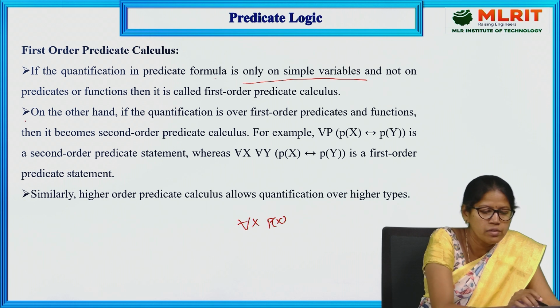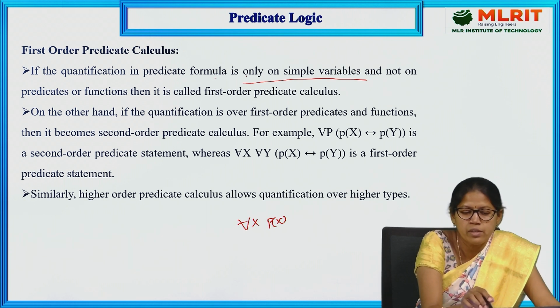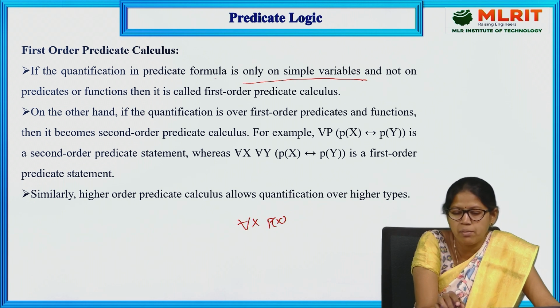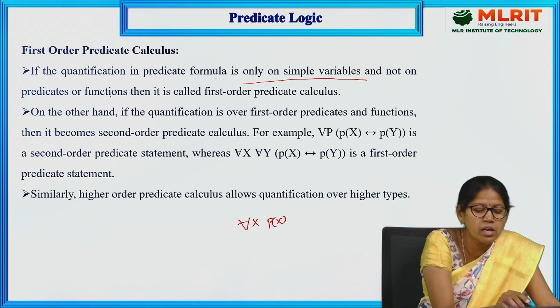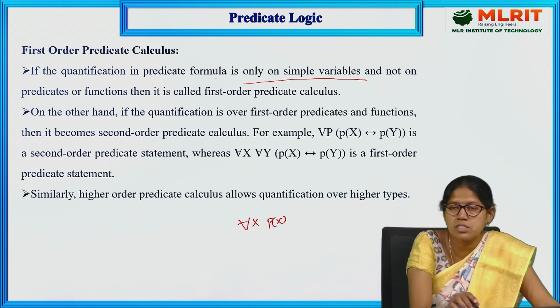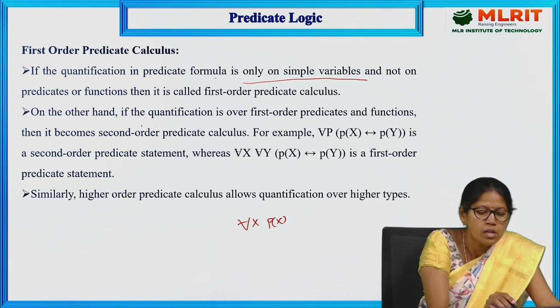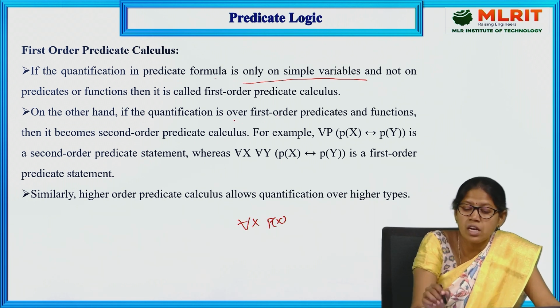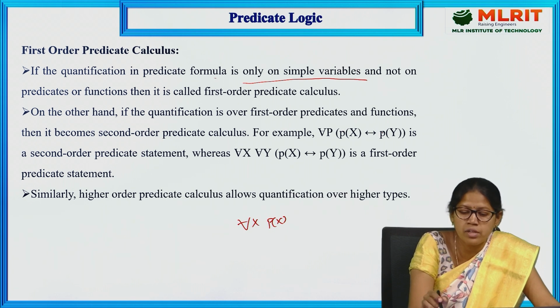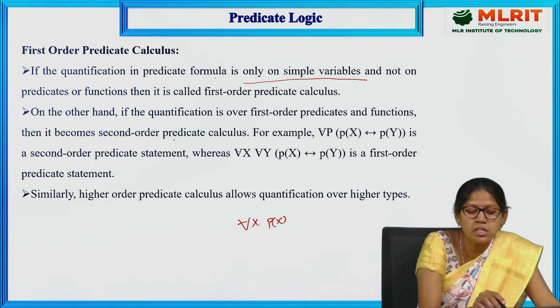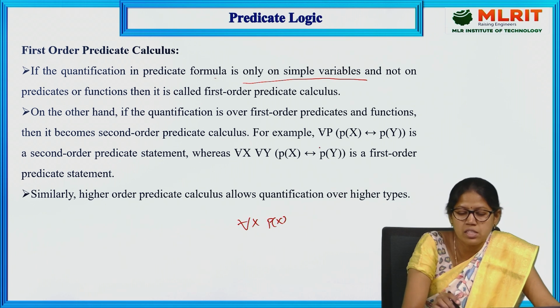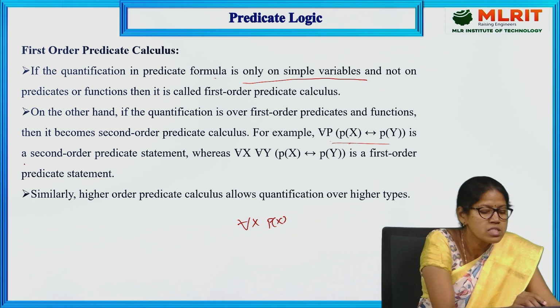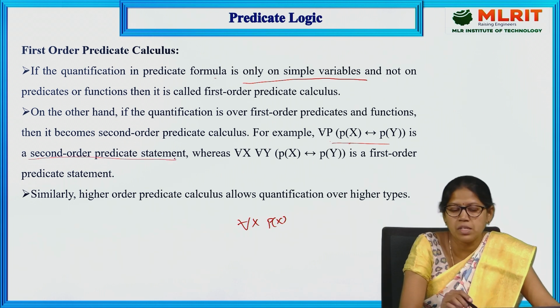Let's look at the definition. If the quantification in a predicate formula is only on simple variables and not on predicates or functions, then it is called first order predicate calculus. If the quantification is over first order predicates, meaning on the functions, then it becomes second order predicate calculus. Let's see the example. For all P, where P is a function, it is a second order predicate statement.